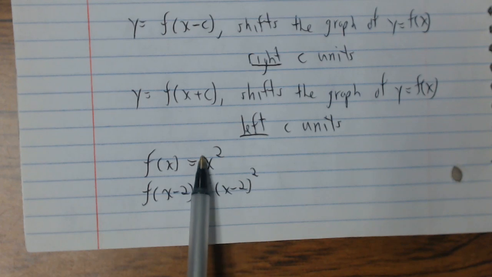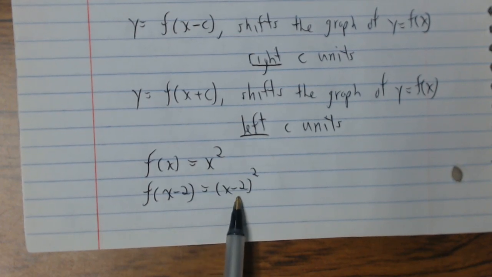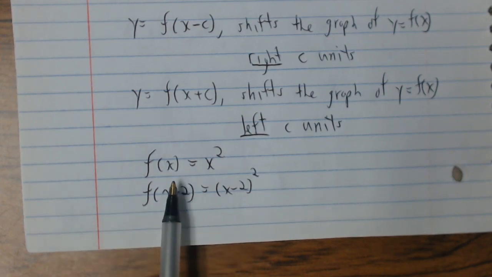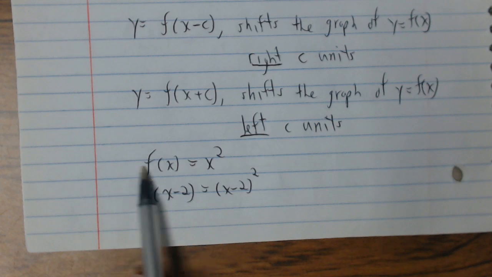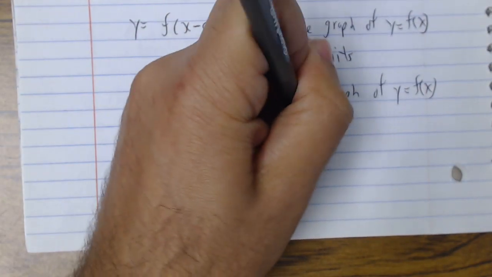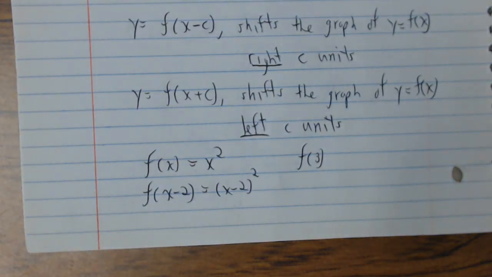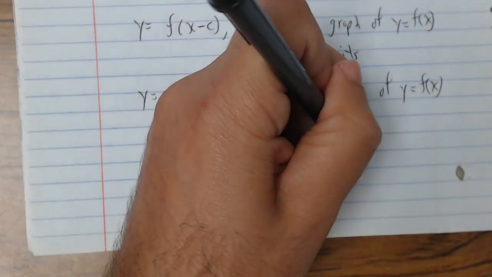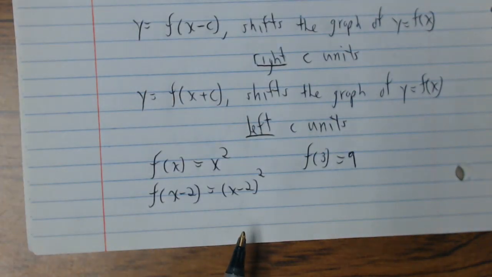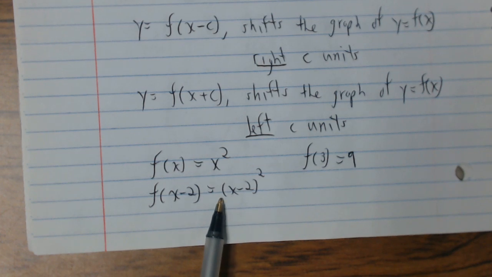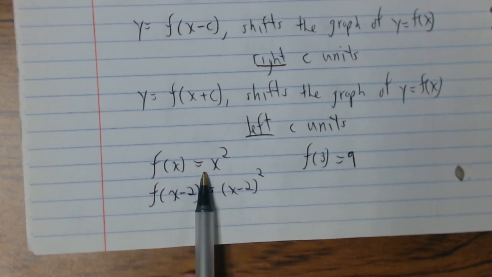Whatever y values that this guy hits, this function will hit the same exact y values, except at different x values. Let's pick a random x value for x squared, and let's pick 3, for instance. If I plug in 3 into this function, my output is going to be a 9. So now my question is, what must I plug in for x here to get the same output as this function?